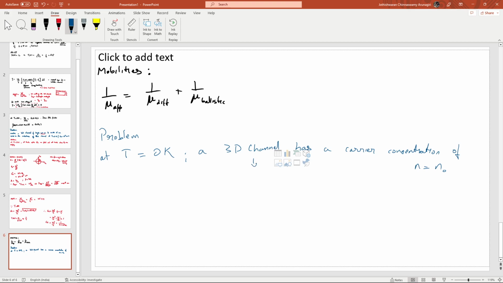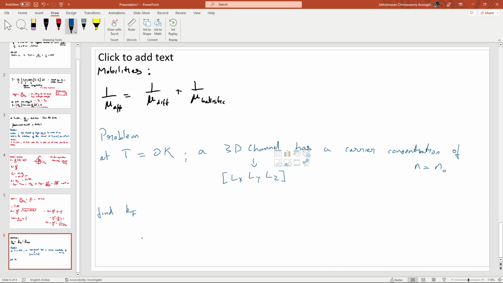So the 3D channel has dimensions Lx, Ly, Lz, and the charge carrier concentration is n equal to n naught. So find kF.